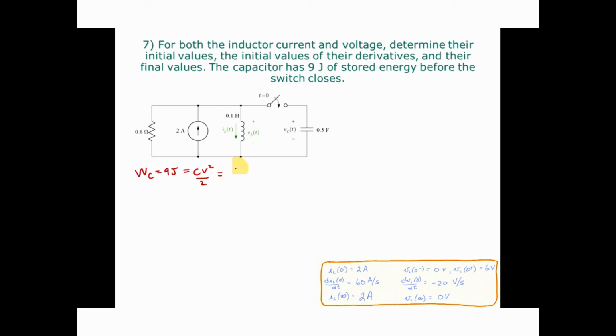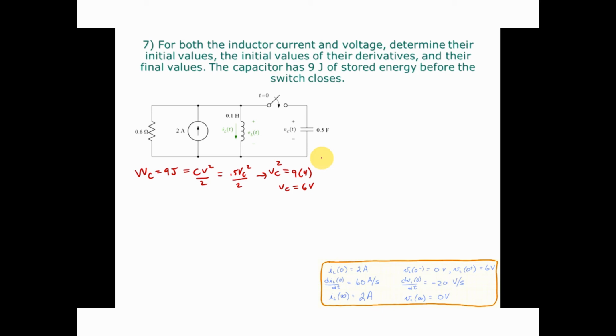The capacitance is 0.5 farads, so it's 0.5 times VC squared over 2, which implies that VC squared is 9 times 4, so VC equals 6 volts. That's just a silly step to make you do a little extra calculation on the capacitor. So the initial capacitor voltage is 6 volts.